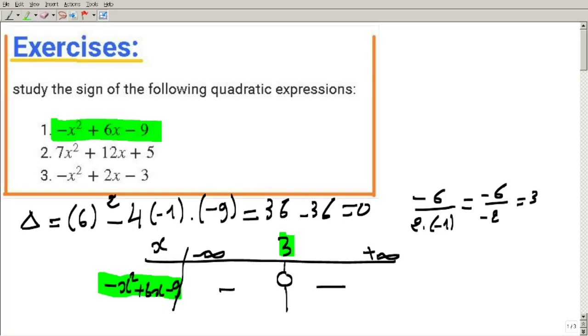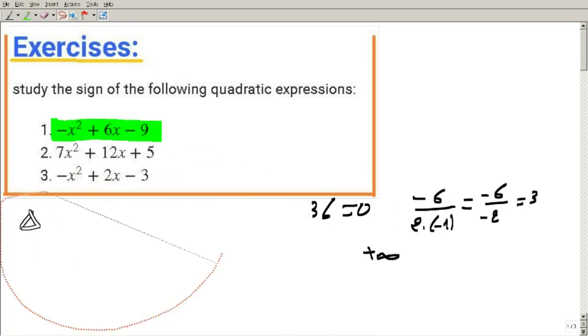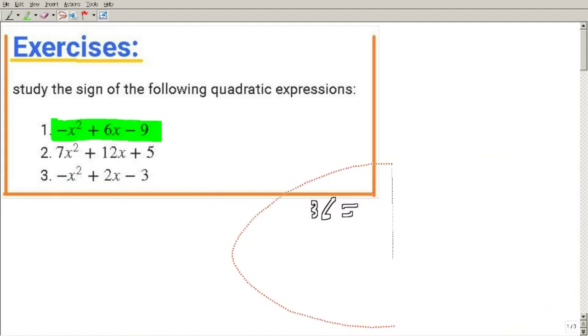So now let's solve the second quadratic expression.